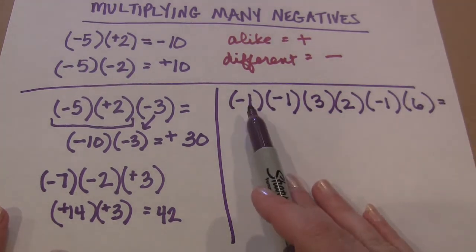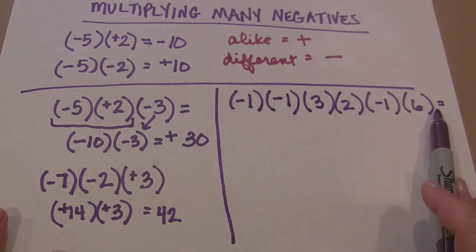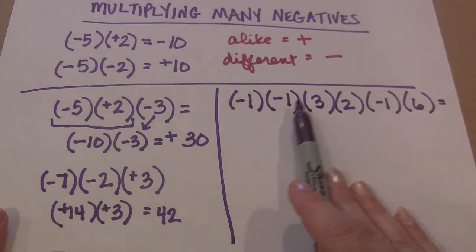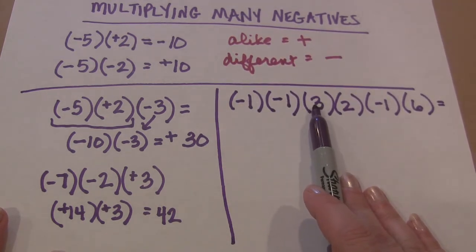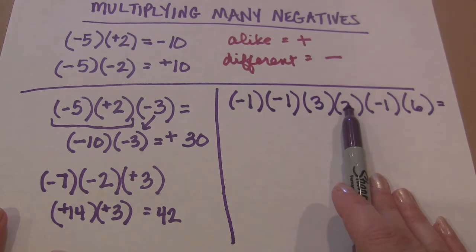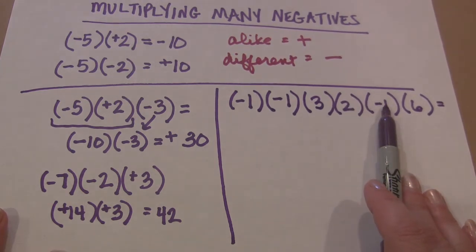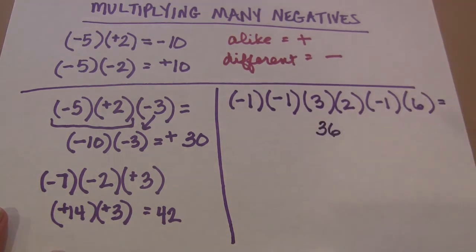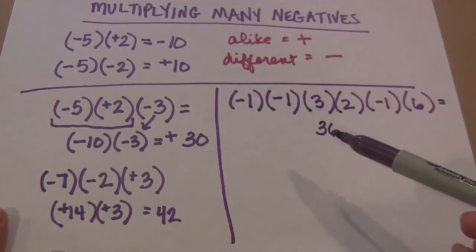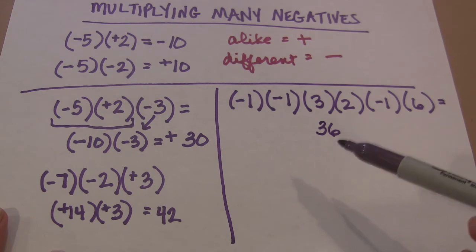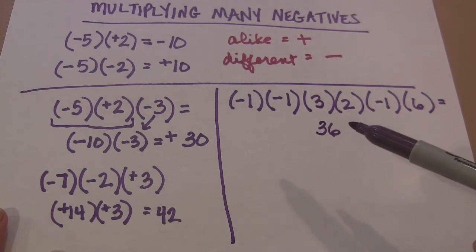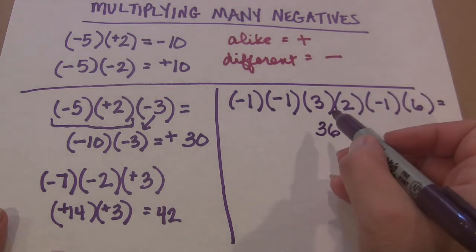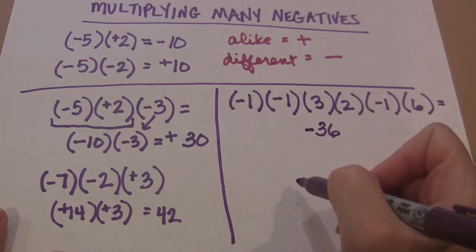Well, I'm just going to multiply these numbers together real quick. 1 times 1 is 1, times 3 is 3, times 2 is 6, times 1 is still 6, times another 6 is 36. Now the answer is positive 36 or negative 36? What do you think? Well, the answer is negative 36.